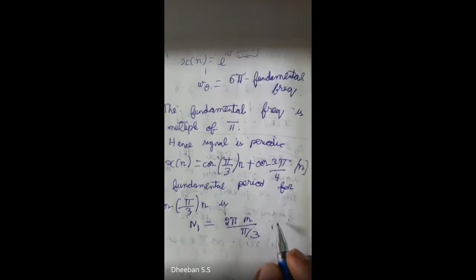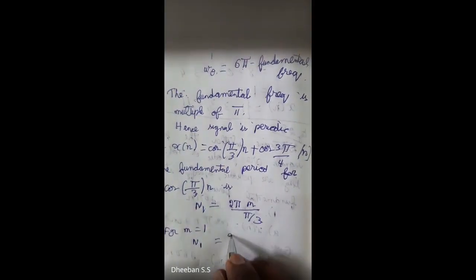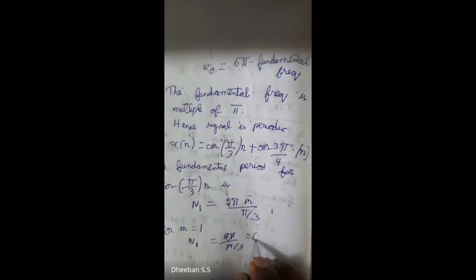Take m equal to 1. Then n1 is 2 pi divided by pi by 3. Pi by pi cancels, so 2 into 3 gives 6. Any cos signal will be periodic, so it is a periodic function.